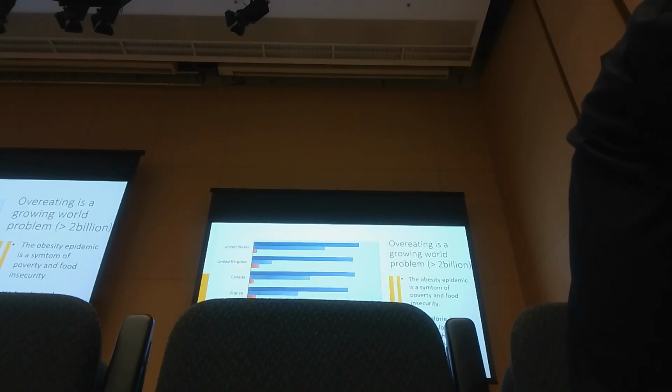And for some Asian countries like India, in 2010 they still have about 30 something percent underweight people. So that's indicating undernourishment in the population.